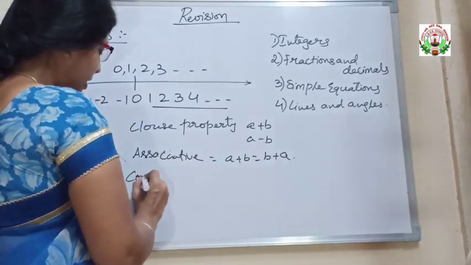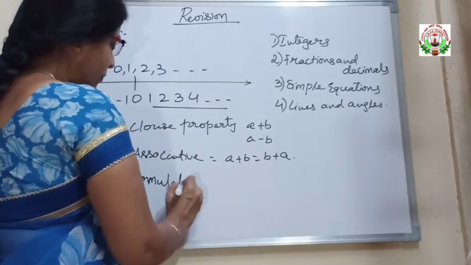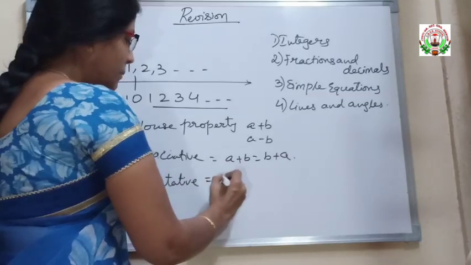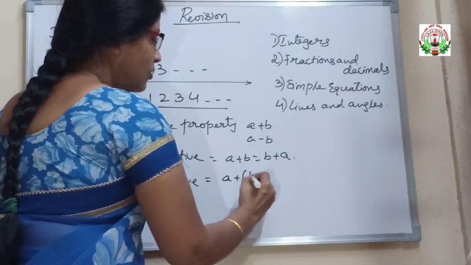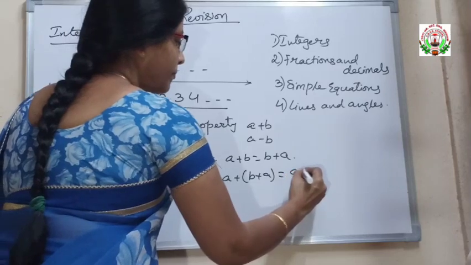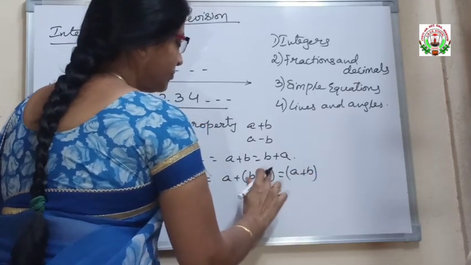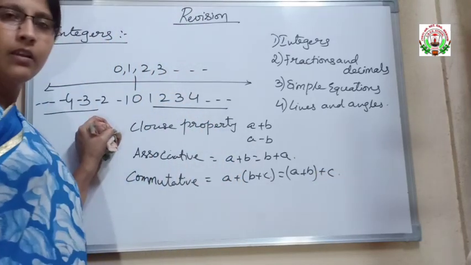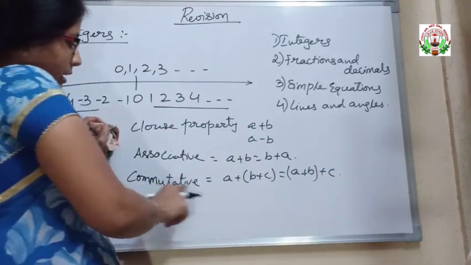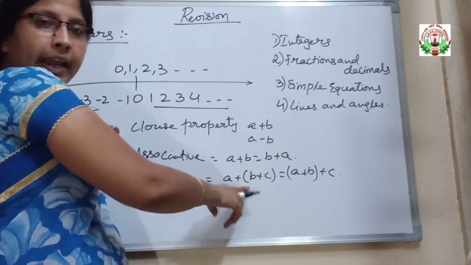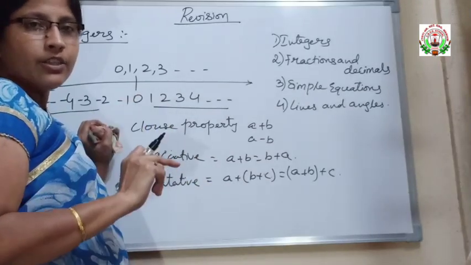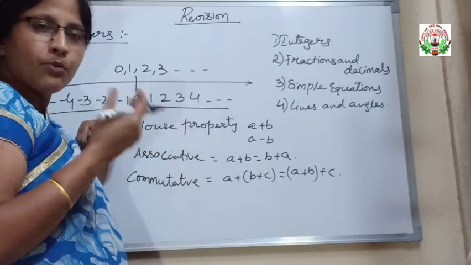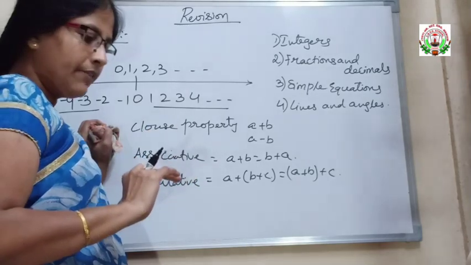Next one is commutative property, which can be done on addition of integers where a is either a positive integer or a negative integer.